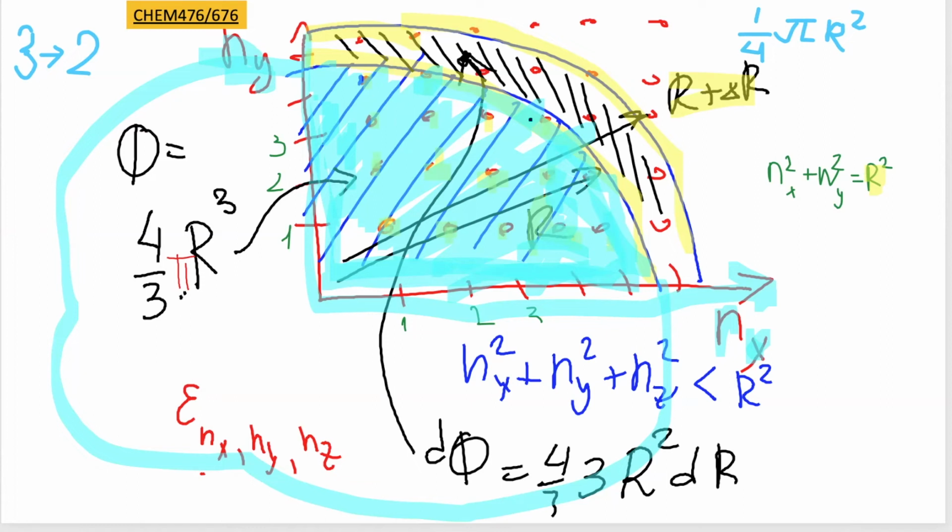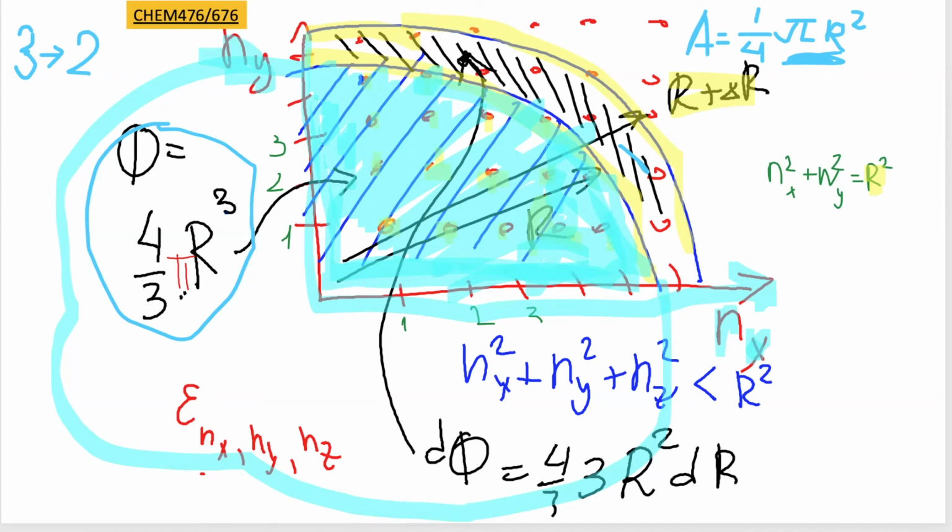So if we need the number of states in this little layer, then we just need to differentiate the equation for the area. And if you want to extrapolate this equation to the three-dimensional case, which I'm just not able to draw, then the volume is, as we should remember from high school, 4/3 pi r cubed, right? Okay.